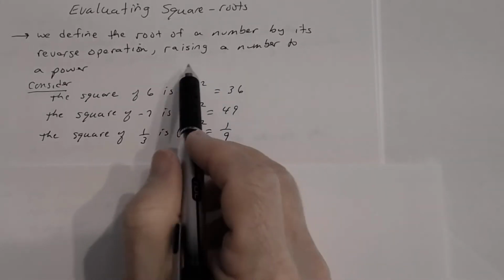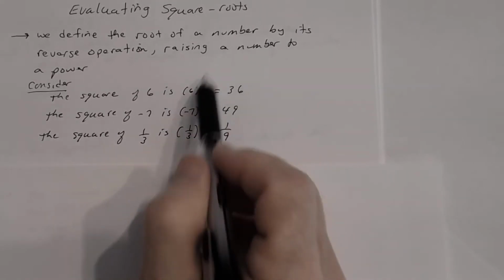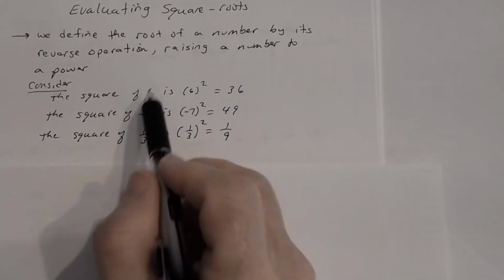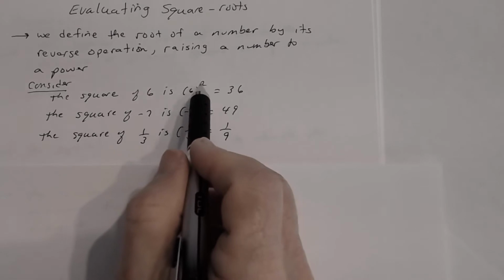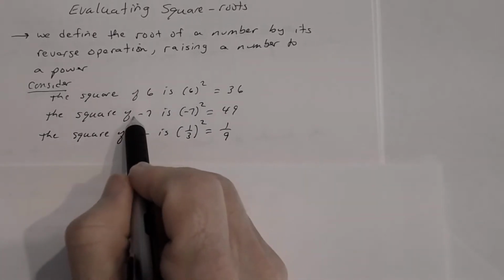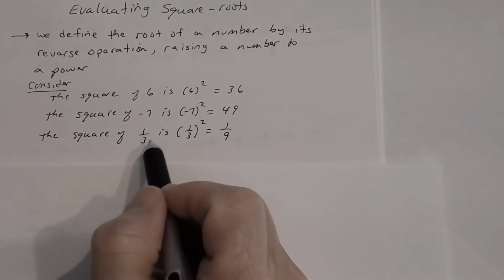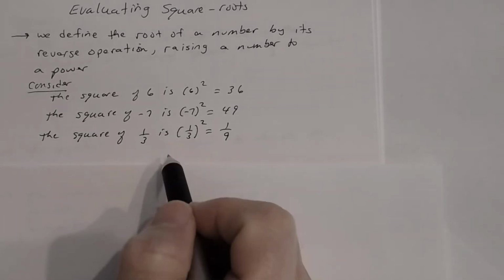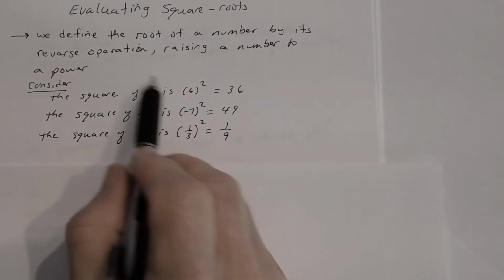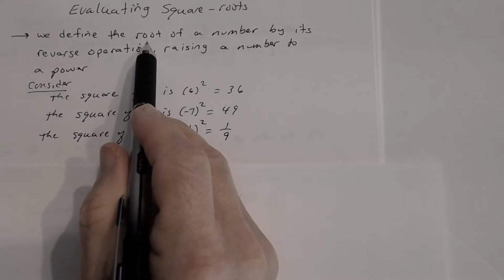So this part here is raising a number to a power. I'm raising 6 to the second power, I'm raising -7 to the second power, and I'm raising 1/3 to the second power. Now I'm going to use this to talk about what a root is.